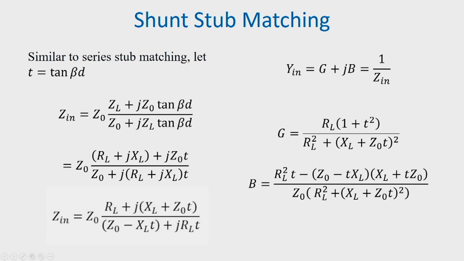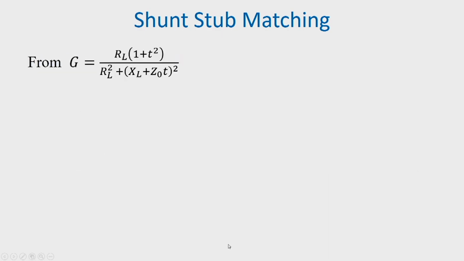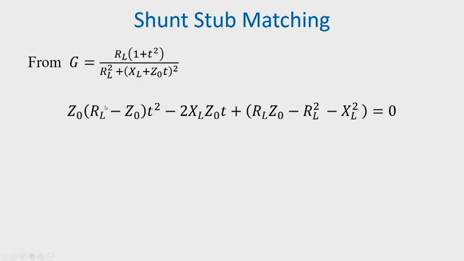So, that we can do by multiplying the numerator and denominator by the conjugate of this term, then this will become real, and then we group again real and imaginary parts, and in that way we can find the expressions for G and B. Now, we start with the expression for G, and once we equate it to y naught, then we can solve for t by forming this quadratic equation.